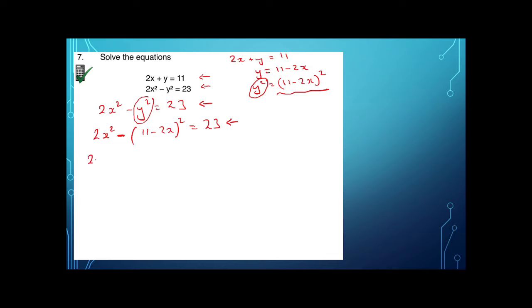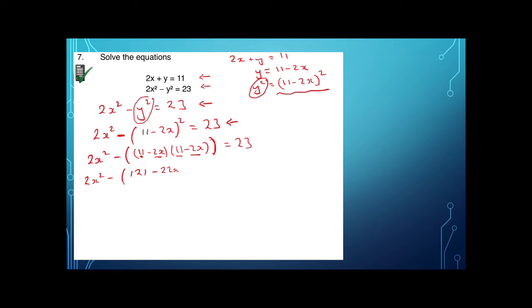Okay, so what I'm going to do is I'm going to do that, 11 minus 2x times 11 minus 2x inside that bracket there. Okay, so 11 times 11 is 121. 11 times negative 2x is negative 22x.